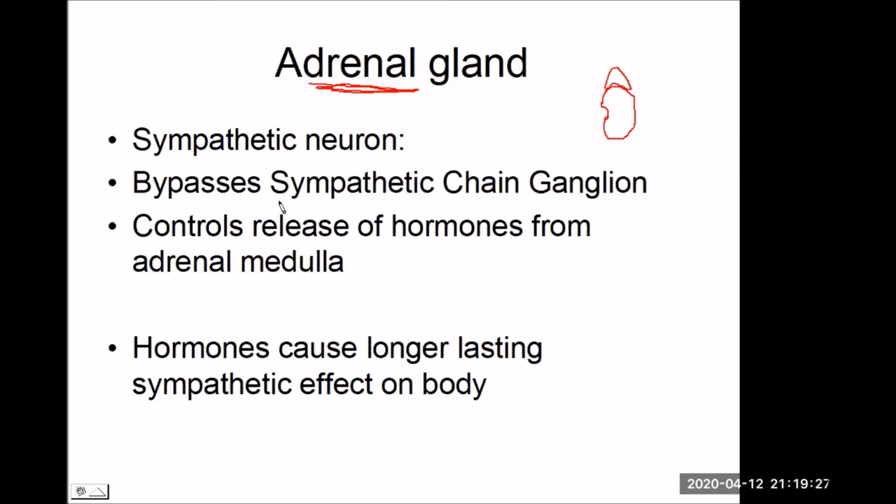So whereas many other nerves related to the sympathetic nervous system, most of them have an interaction with what's called the sympathetic chain ganglia. But in the case of the connection between the spinal cord and the adrenal medulla, it bypasses that connection with the chain ganglia, and there's a direct nerve supply from the spinal cord going right into the deeper portion of that adrenal gland.